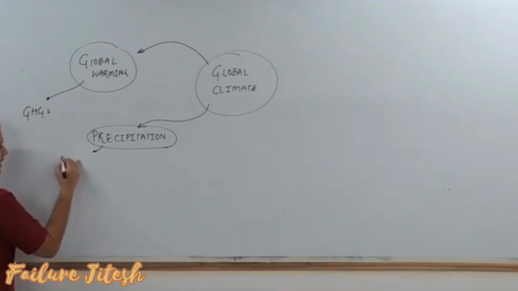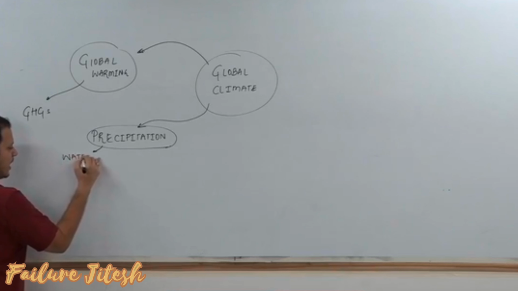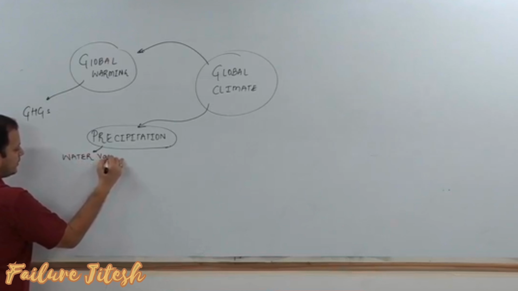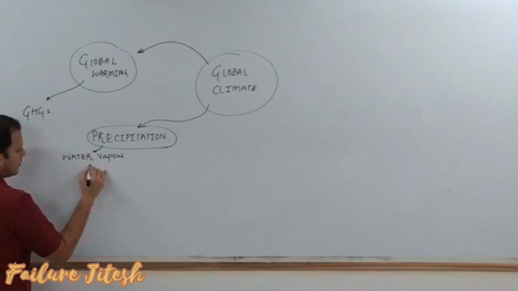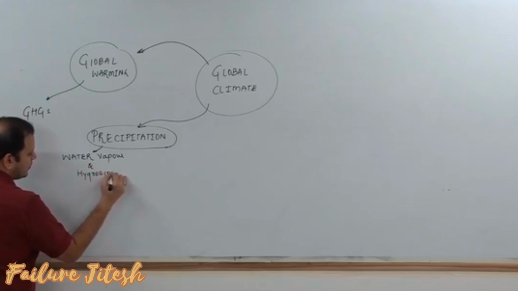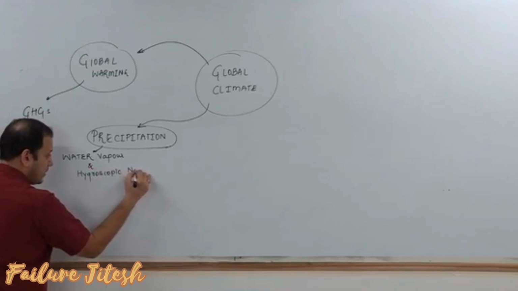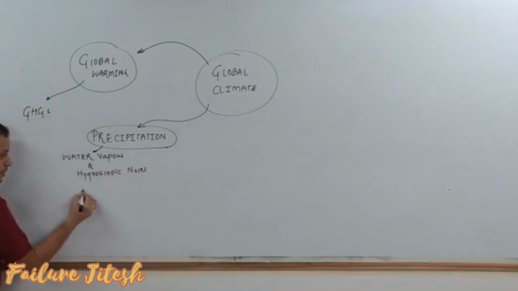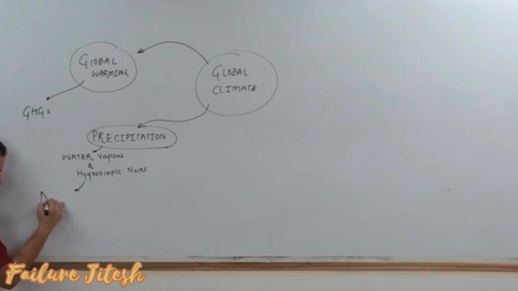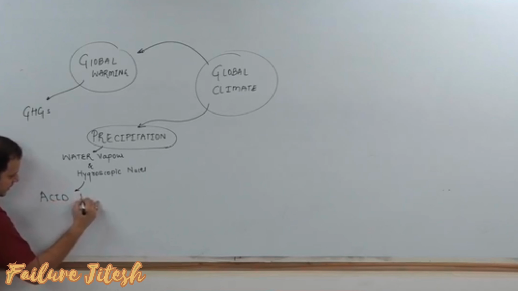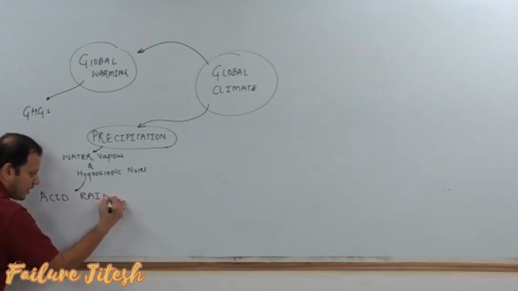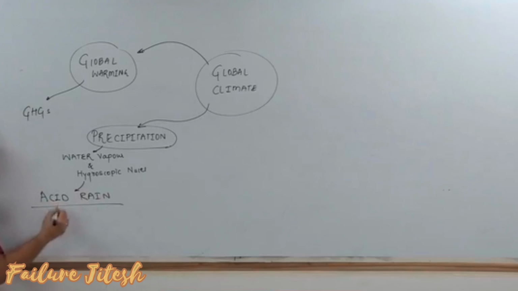Because there is water vapor plus hygroscopic nuclei. But this rainfall, due to the presence of pollutants, will be in the form of acid rainfall. So have you mentioned acid rainfall? Yes. This rainfall will be in the terms of acid rainfall.